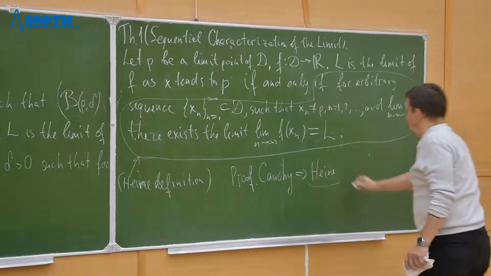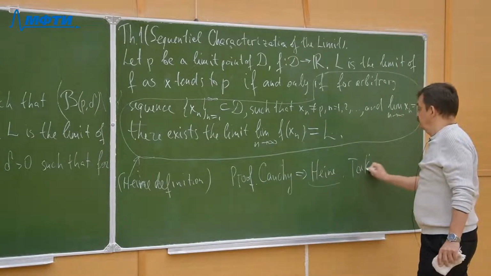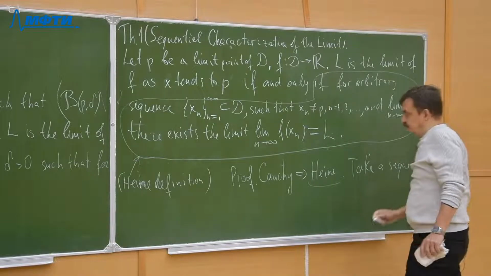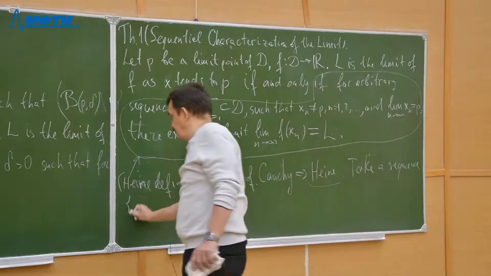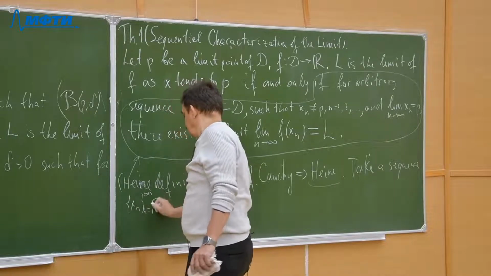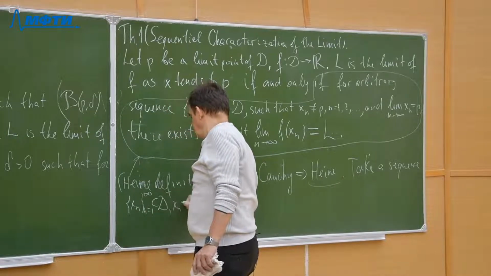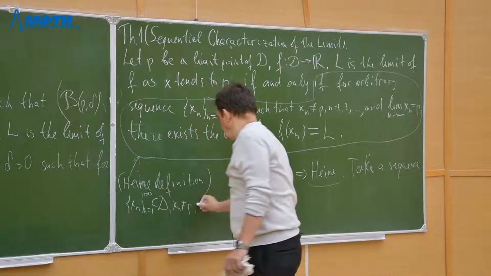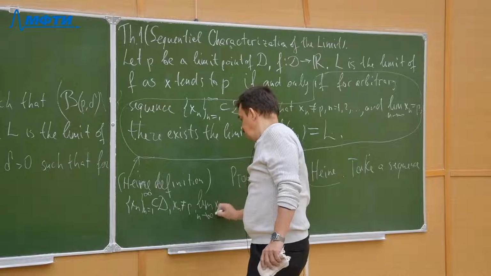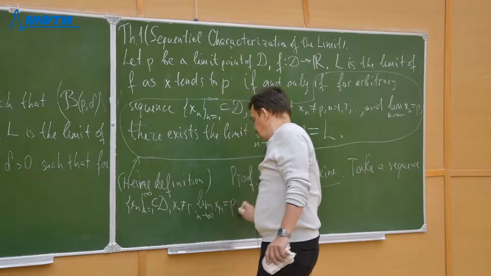So take a sequence xn in D, xn not equal to p, and the limit equals p.